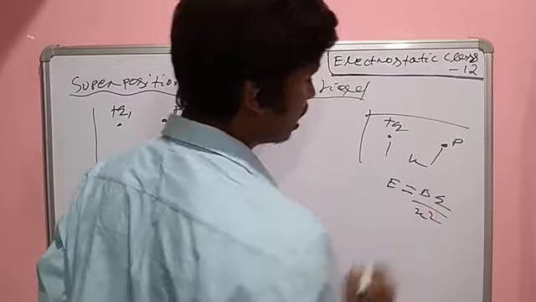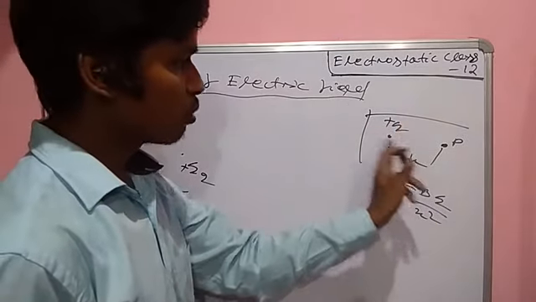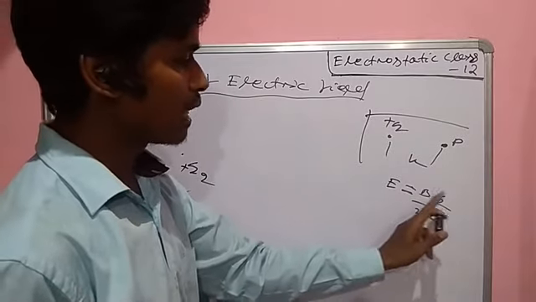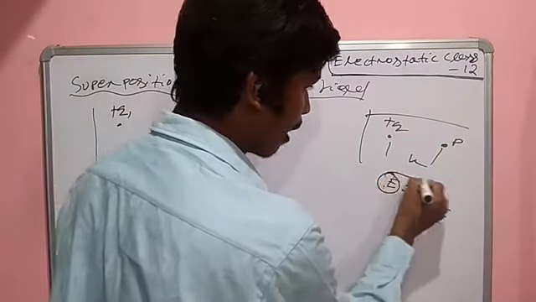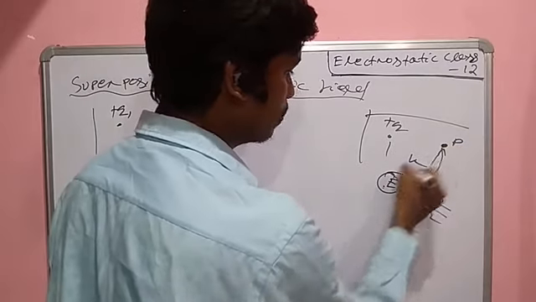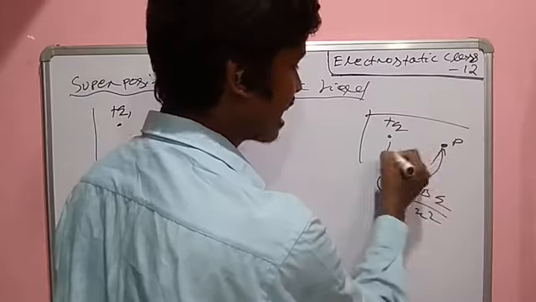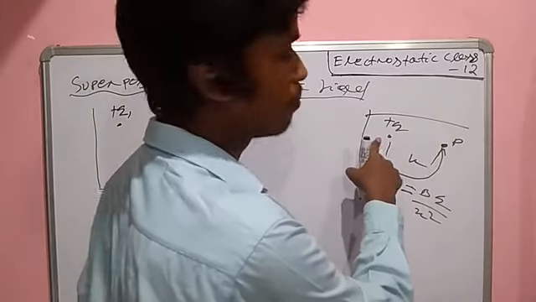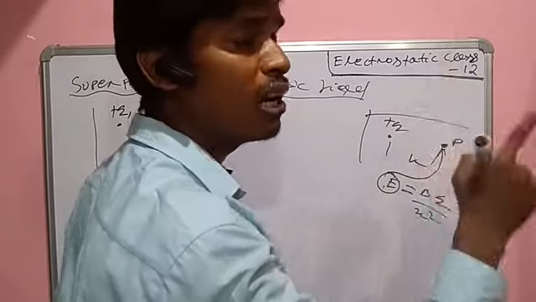Yes or no? Due to source charge, electric field is equal to beta Q by x square. This is the field at point P. This point is at a distance x from source charge plus Q. Yes or no? But it is the electric field due to only a single charge.